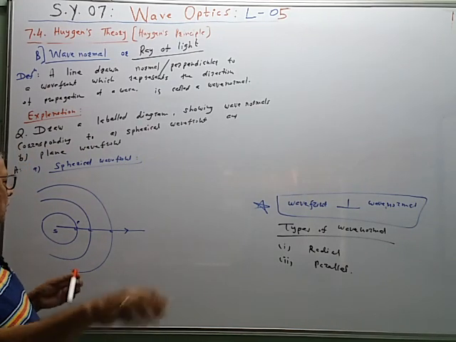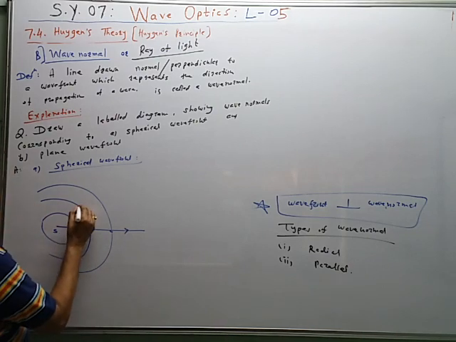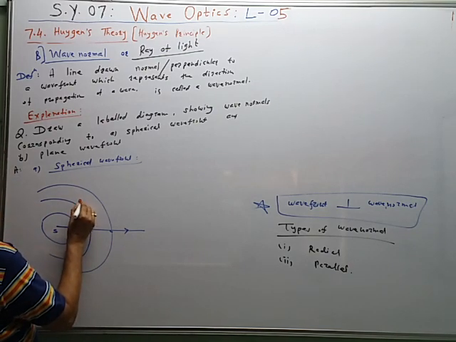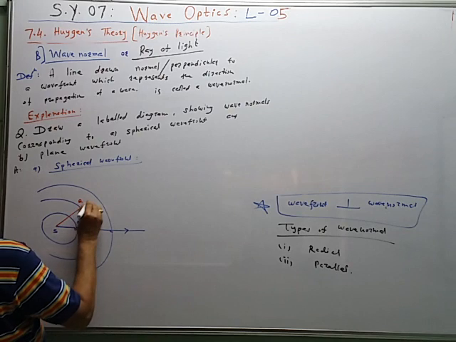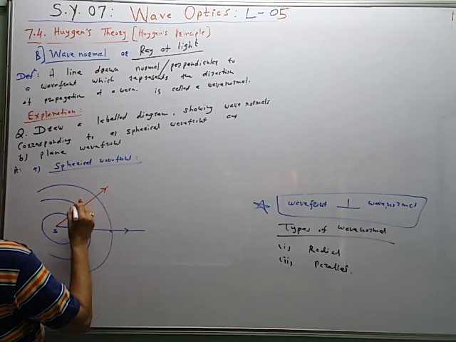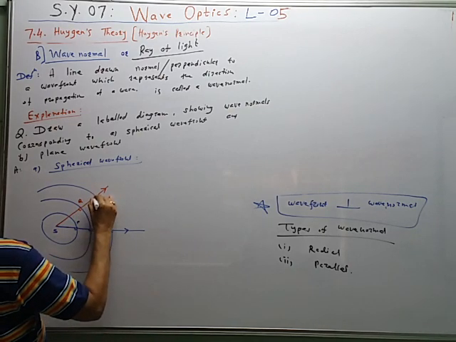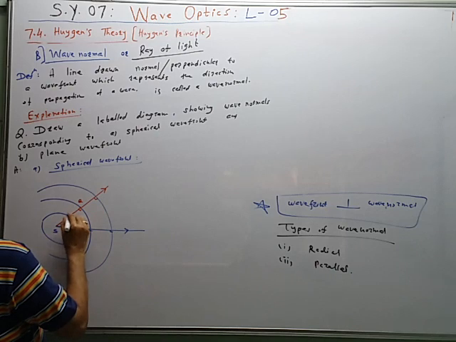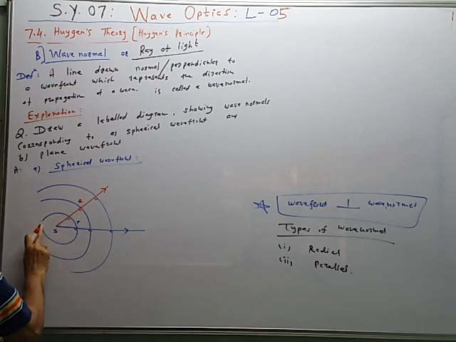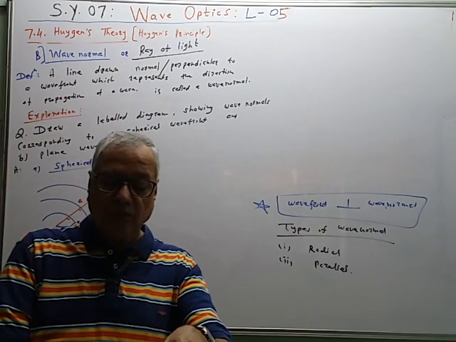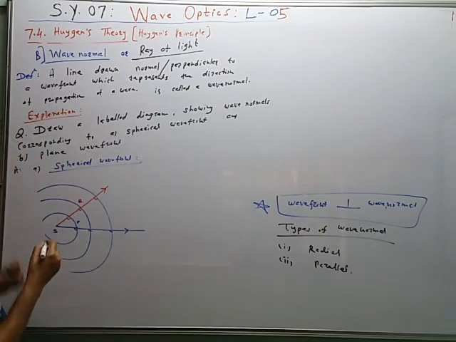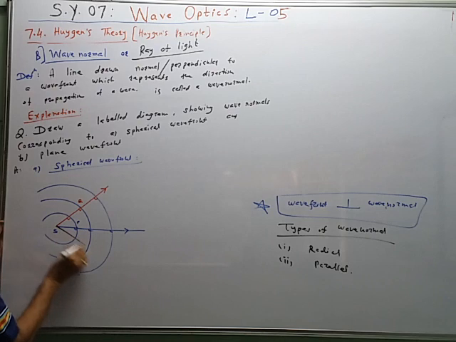Now, if we consider the point Q, then SQ is another wave normal. This angle is 90 degrees, this angle is 90 degrees, this angle is 90 degrees. Like this. Now, this is another wave normal.